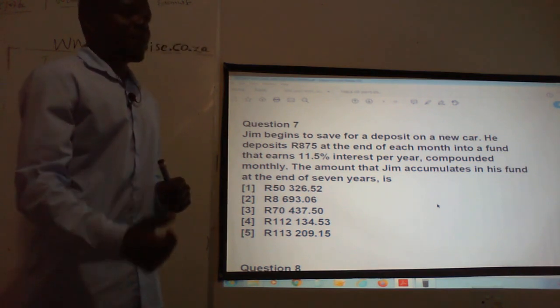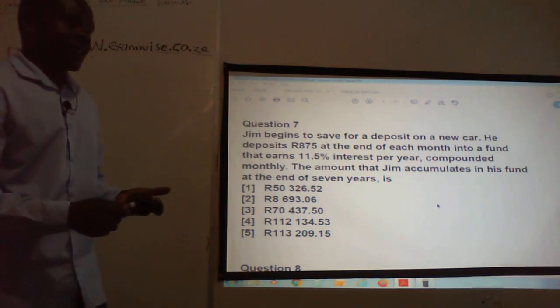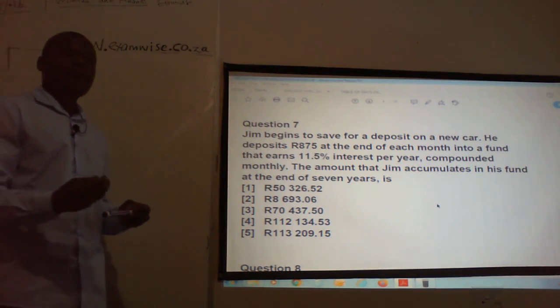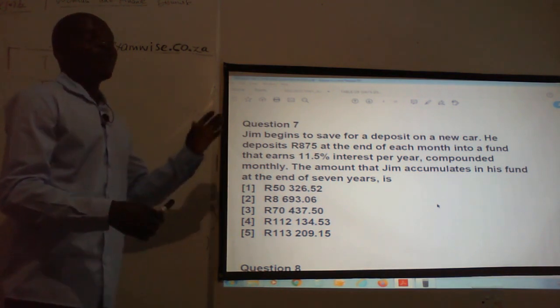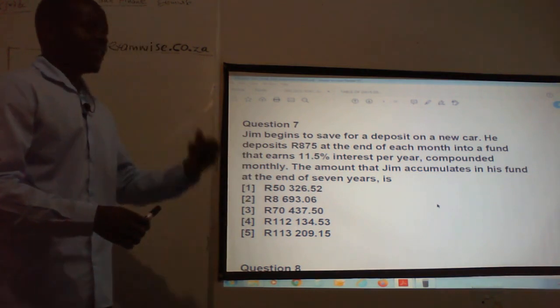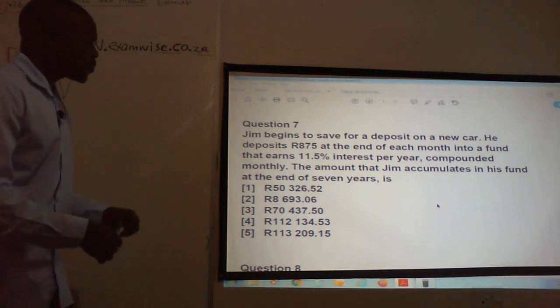If you still remember, I emphasized in another question that we need to differentiate between the investment or deposit of a single amount and the deposit or investment of a series of amounts.